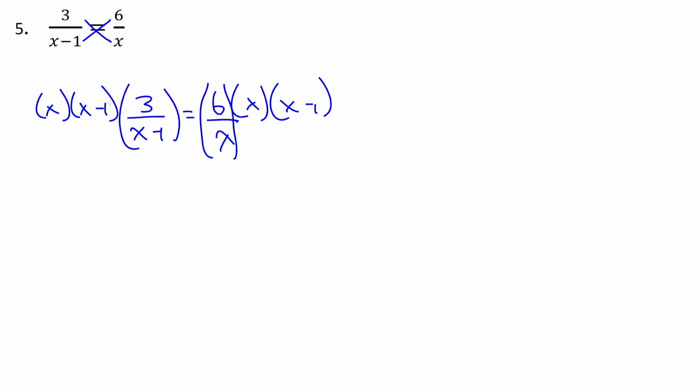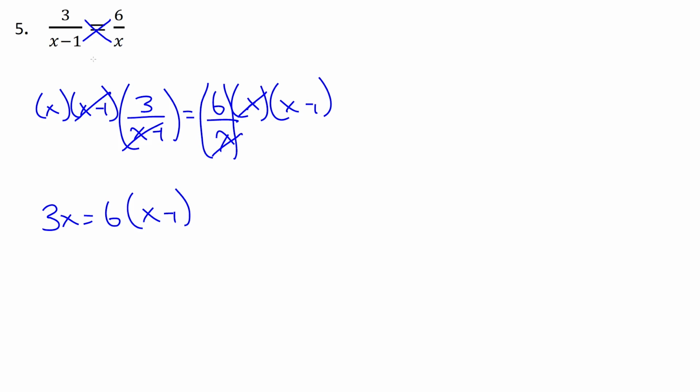So it follows the same strategy as up above, though coming up with the LCD when you're dealing with algebraic expressions is a little bit beyond the scope of what we're doing in this section here. But the cancellation that we can see that happens is x minus 1 would cancel on the left-hand side, and x would cancel on the right. So the effect is that we have 3x on the left and 6 times x minus 1 on the right.